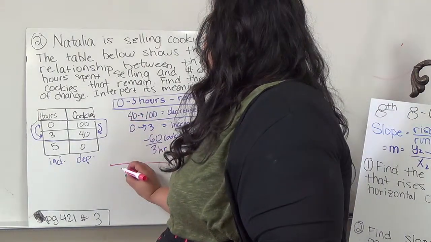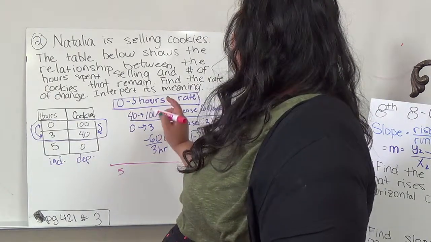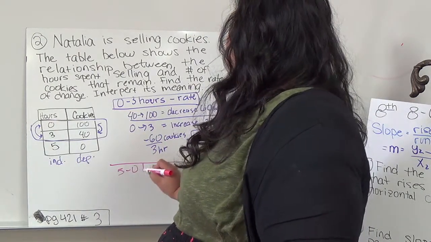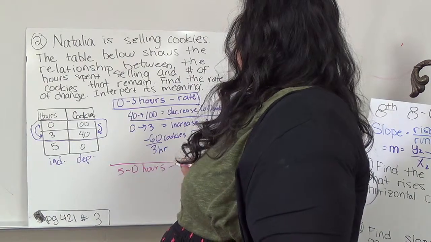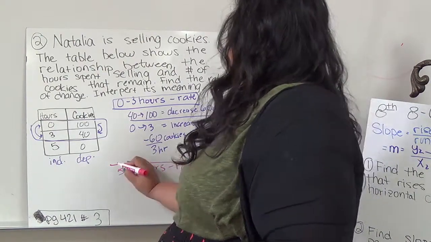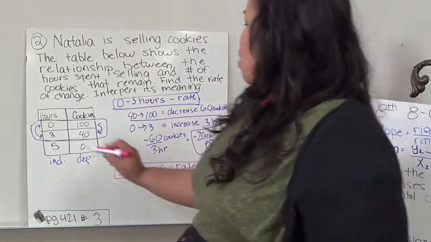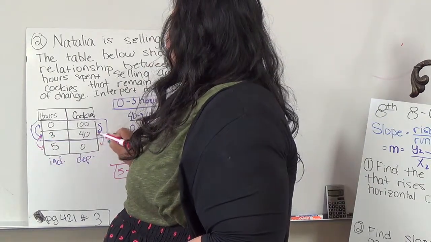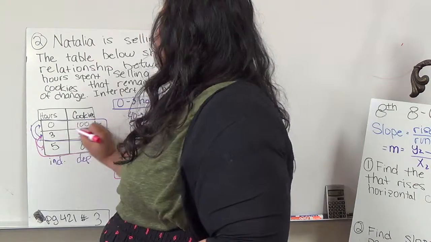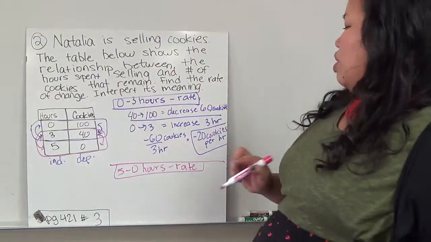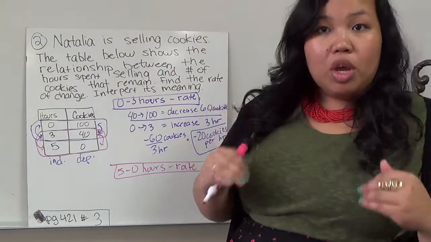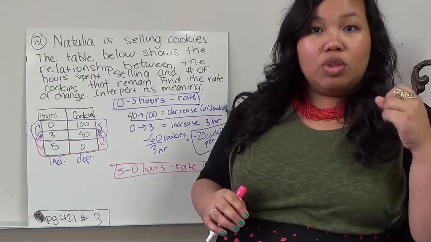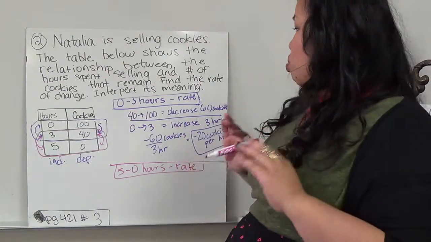This would be 3 to 5 hours. Great. So I'm focusing on the next step here. So these 2. Remember, I only need 2. I can't focus on 3 at a time. I'm only focusing on 2 points, the rate between 2 points.